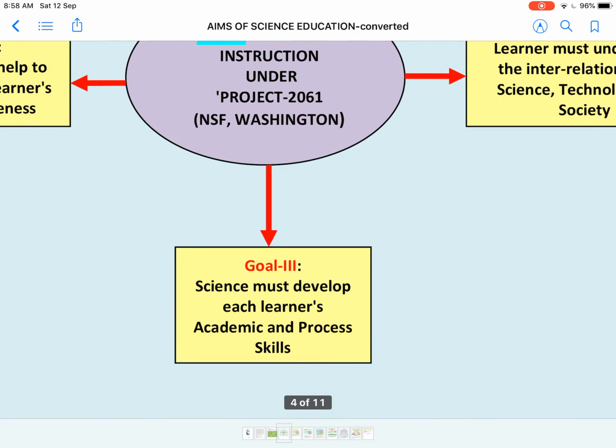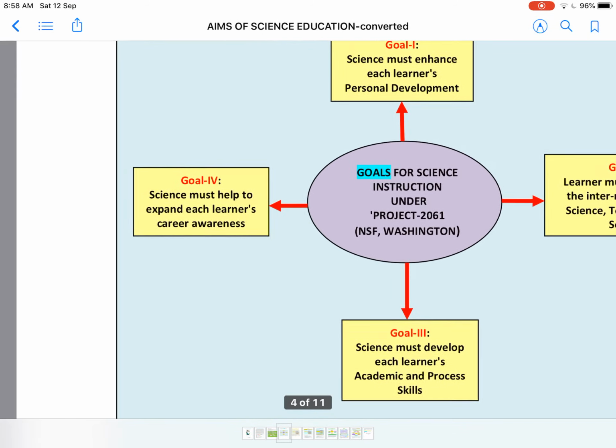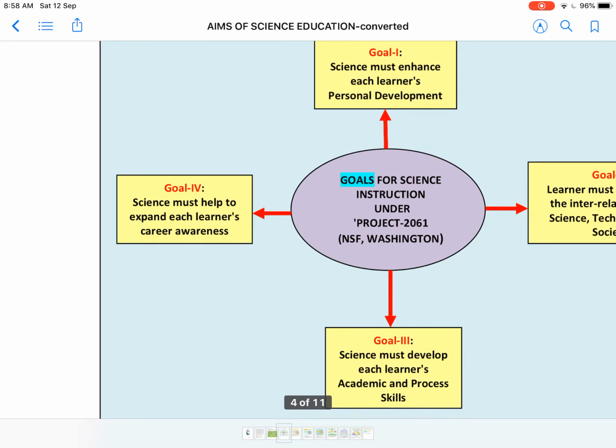Academically also, the child should be able to develop the required skills, and besides that, to find out new knowledge in the field of science, certain processes are required, and those processes can become skills for the children or the learners. So these process skills and academic skills are to be developed while learning science in the school.